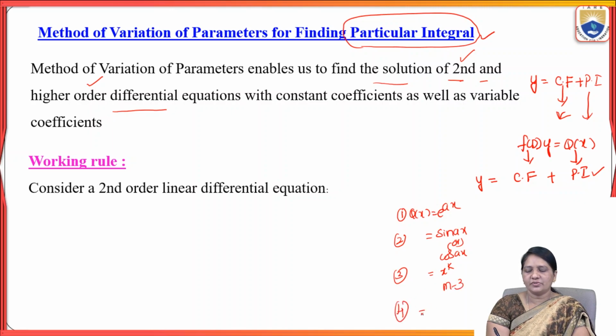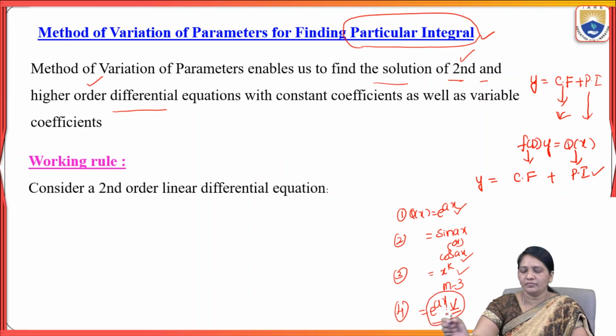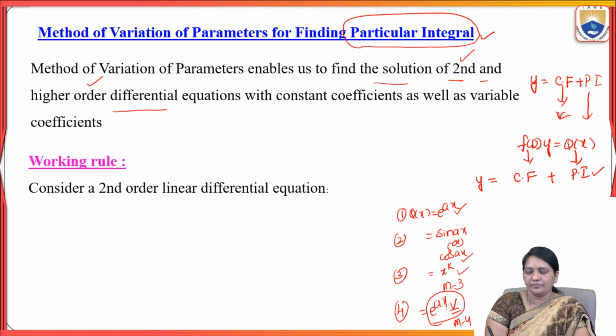The last one is if we have e power ax into V. That means in place of V, we may have sin ax, cos ax, or x power k, x power m, x power n. Together, these values, then we follow method 4.